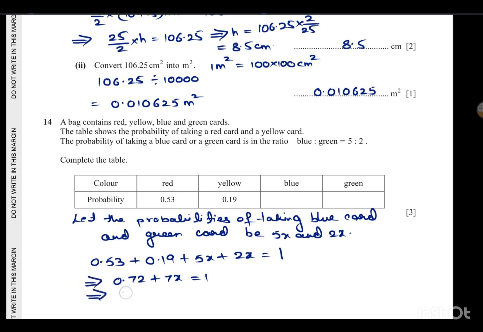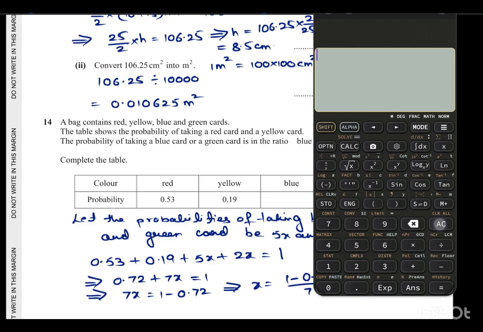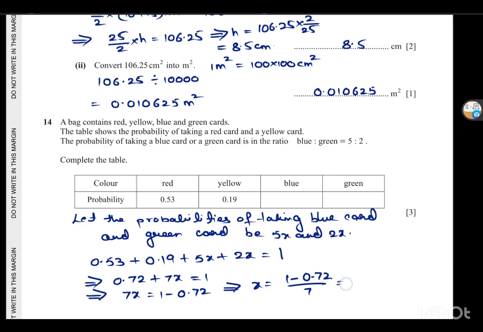Bring 0.72 onto the right hand side, 1 minus 0.72. Then keeping x, bring 7, that gets divided. So divide by 7. 1 minus 0.72 by 7 is 0.04. 0.04 is the x value.